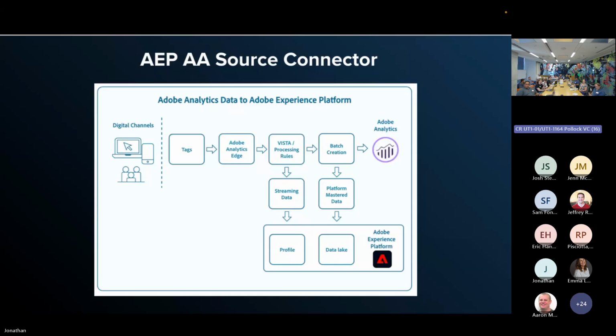There's a data set for profile, and a data set for event data. So when you set this up, you have a carbon copy of Adobe Analytics available to you in AEP, and then of course in CJA if you plug it into CJA.